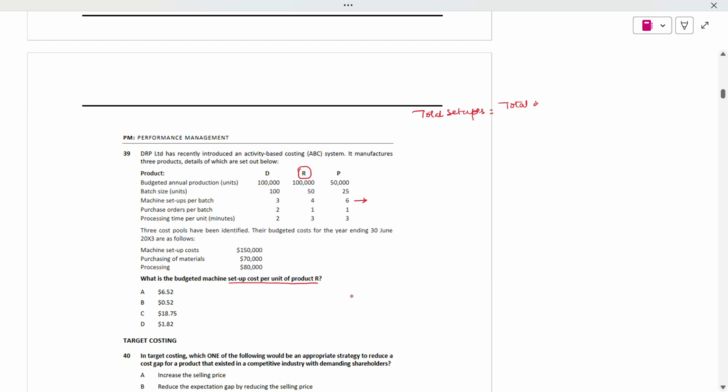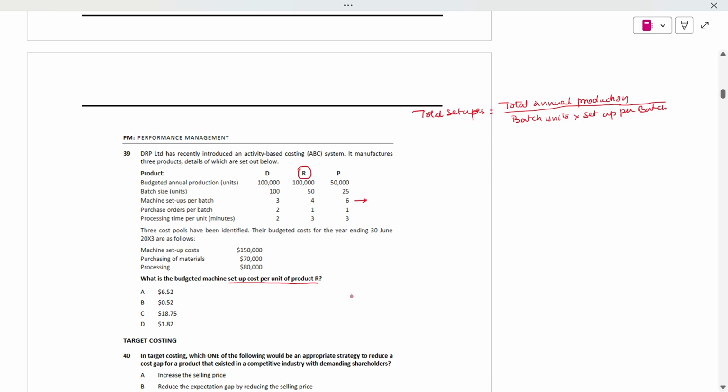Total setups is total annual production divided by number of batch units, multiplied by setups per batch. Wait for a while.